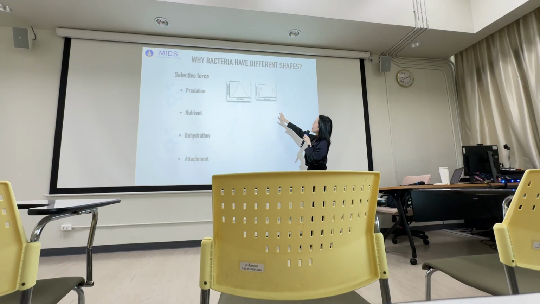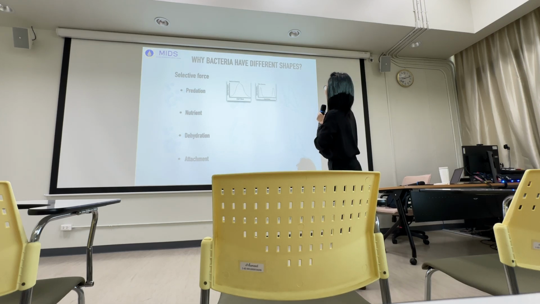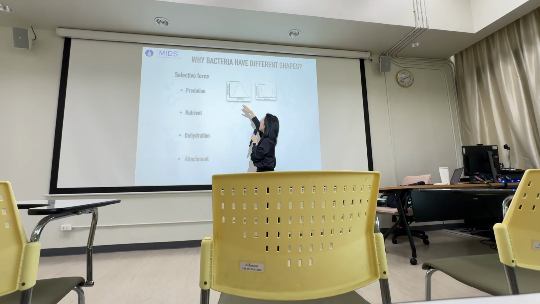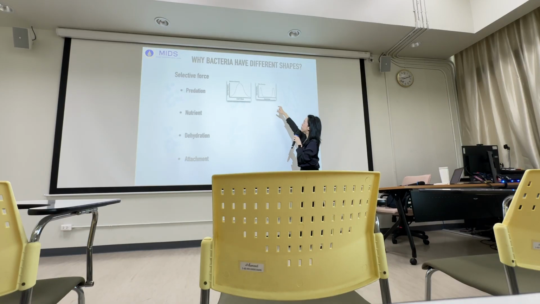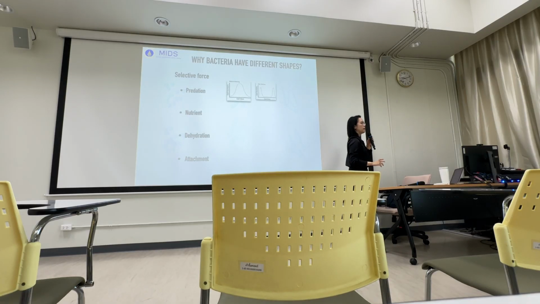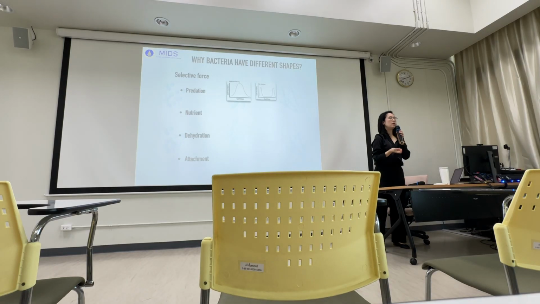In this case, the first picture is the normal environment before we put the predator in. After we put the predator in, we found that some sizes of the microorganism are lost, because those sizes are the proper ones for the predator to put energy into eating.